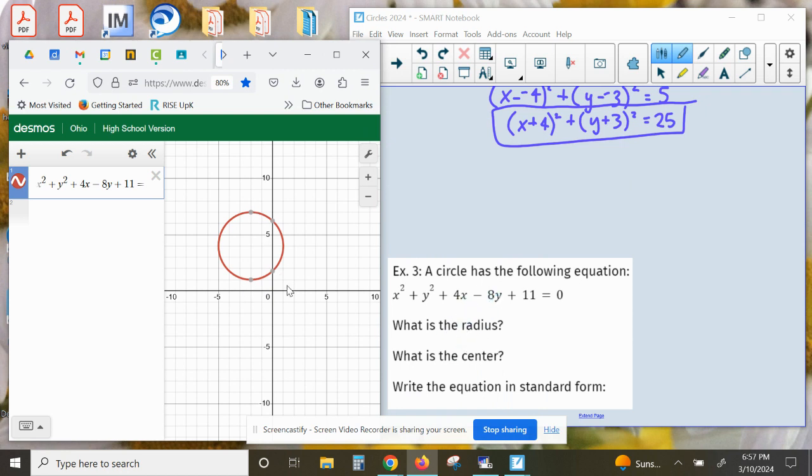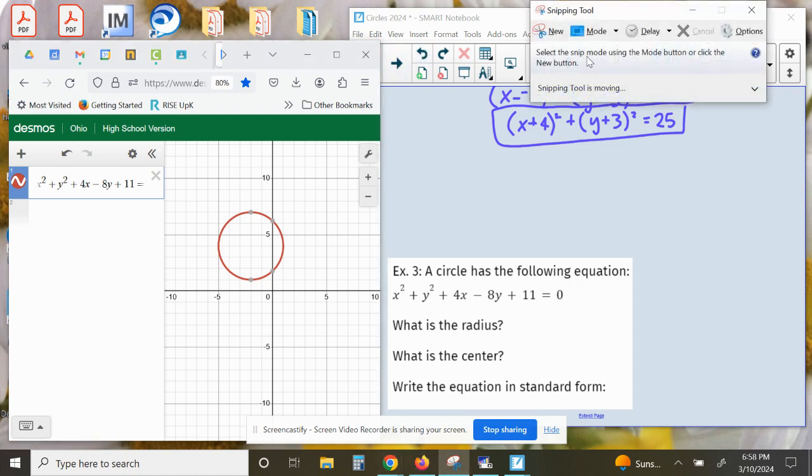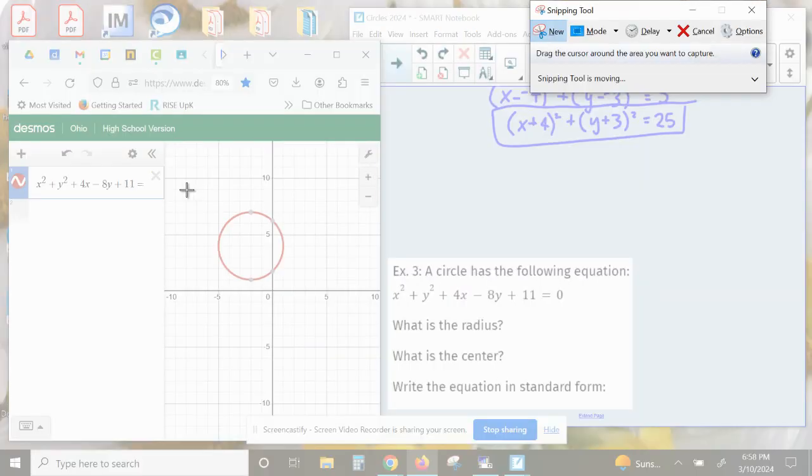So let's take a look at this. The center point is right here. Now remember, you can count all the way across this circle. So that's 1, 2. I'm going to go ahead and screenshot this for you and paste it on there so that way we can see what it looks like.